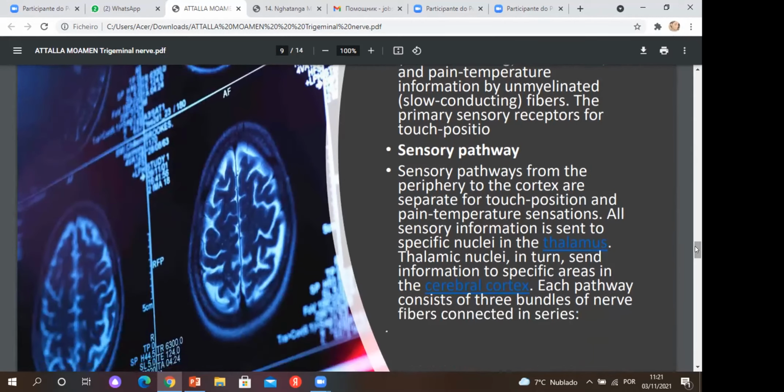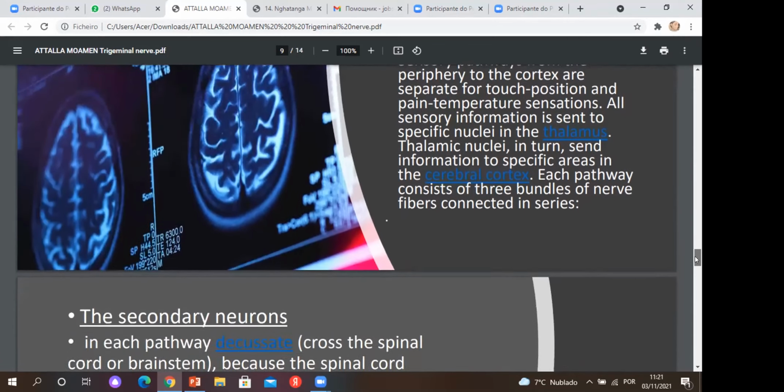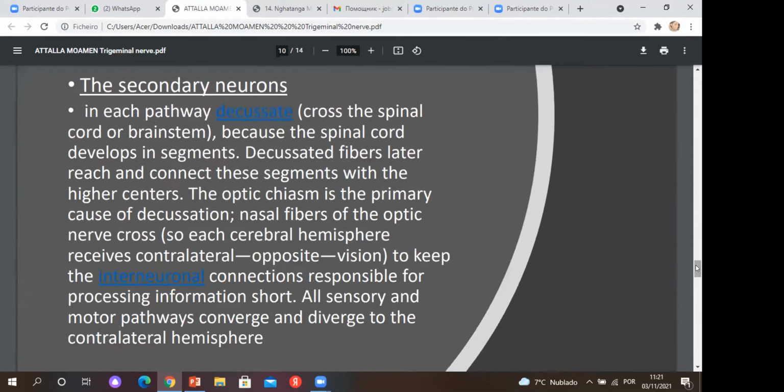Each pathway consists of 3 bundles of nerve fibers connected in the cerebrum. The secondary neurons, each pathway dissociate because the spinal cord develops in segments and decussated fibers later reach and connect this segment with the higher connections.